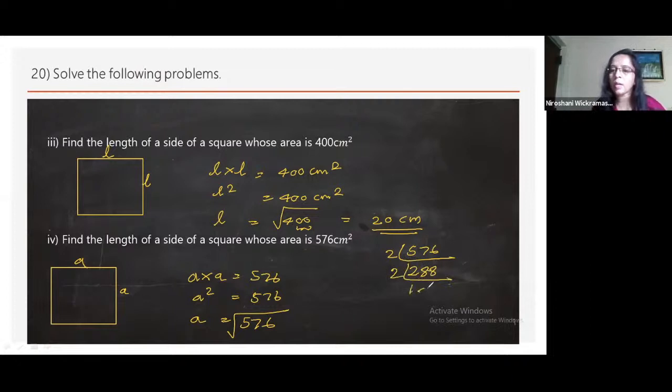Again divide by 2, 144. Again divide by 2, 72. Again divide by 2, 36. Again divide by 2, 18. Again divide by 2, 9. Again divide by 3, 3. Again divide by 3, 1. Then the square root of this is 2 into 2 into 2 into 2 into 2 into 2 into 3 into 3.